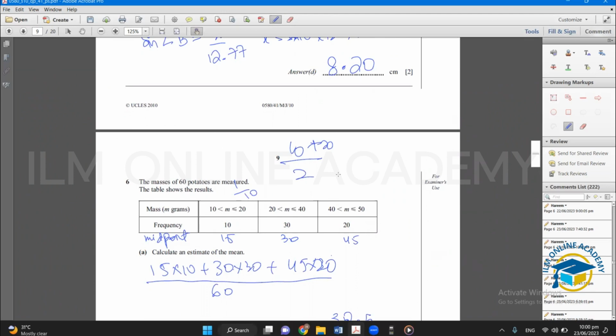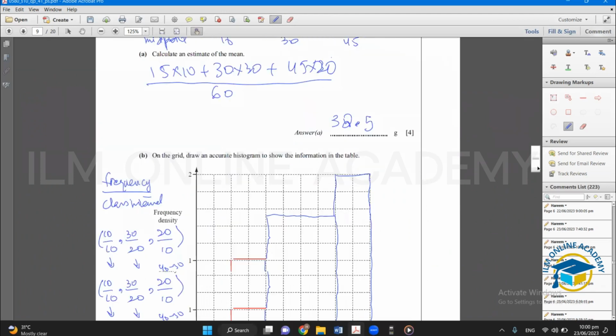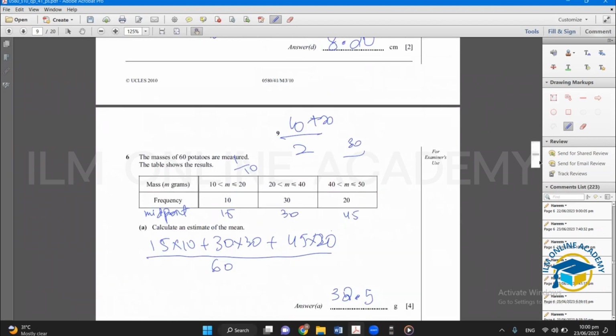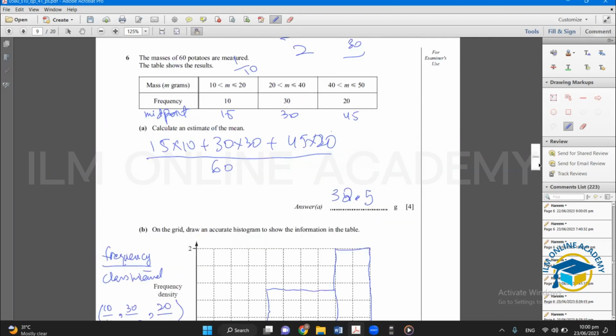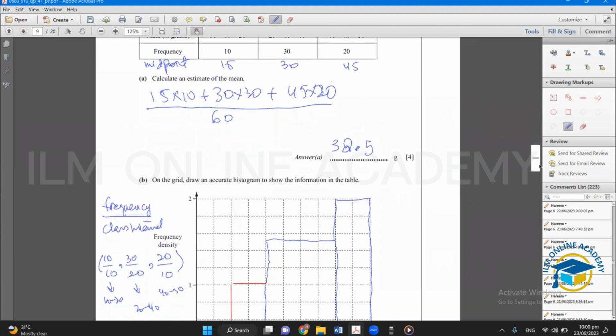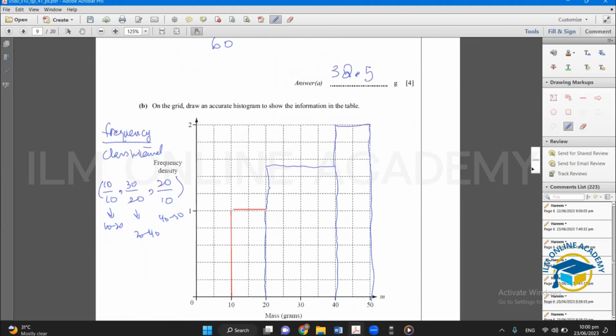Then the frequency here is 30 and the class interval between 20 and 40 is 20. Then there is a frequency 20 and the class interval between 40 and 50 is 10. See, I've done this here. So it's 1, and then 30 over 20, which is 1.5, and it's 2.